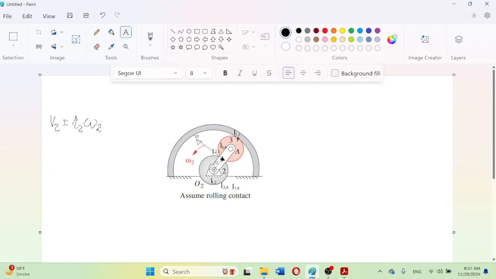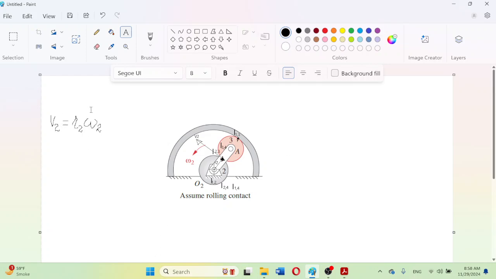After that, we will be shifting this contact point, because it has the same velocity for link number 3 and link number 2, as previously explained. That means the contact point at link number 3 has the same velocity, which is equal to v2.